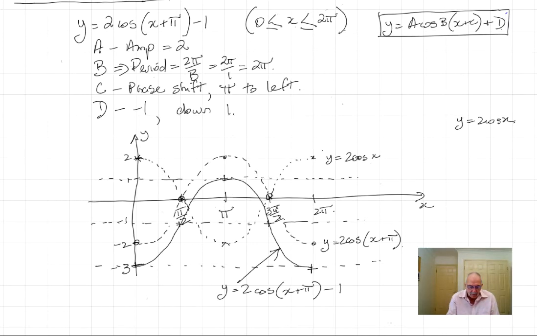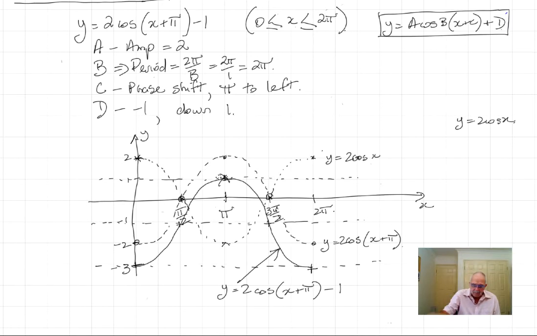When x is pi, we should get a y value of 1. So 2 cos of 2 pi minus 1. Put that in your calculator and you should get a value of 1, which corresponds to that point up there. So just to check, you could check some intermediate points to make sure that you've got it correct.